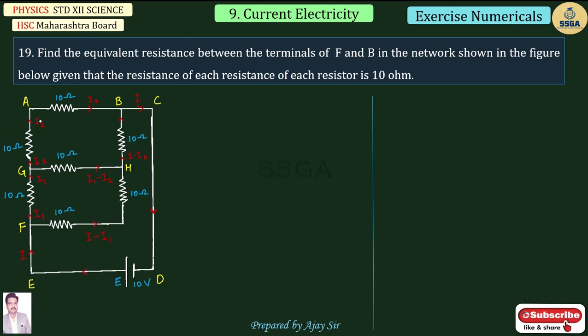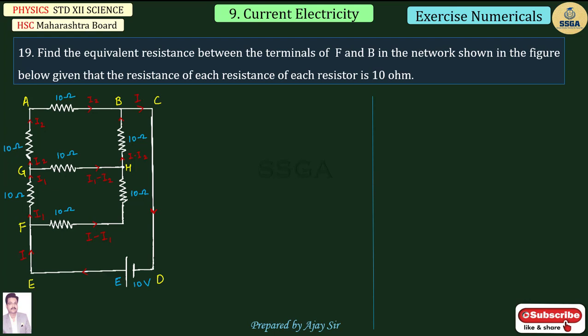So this current I2 passes through this arm, and again it will come back to the point B. So at this point B, the current I2 will come back, and in this arm, I1 minus I2. So therefore I1 minus I2 at this point.